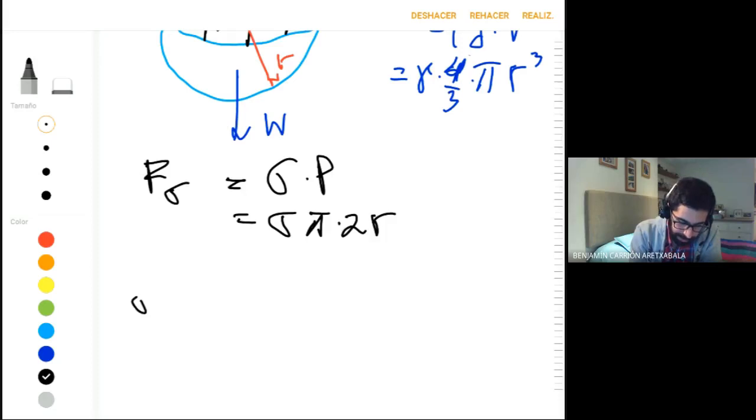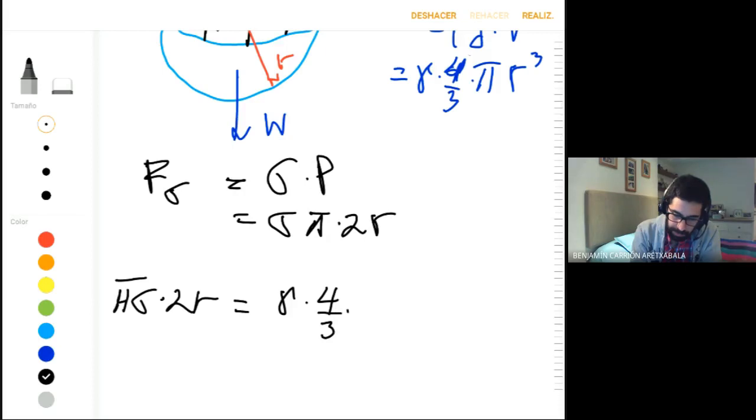So you see sigma is acting on the line. Sigma has units of Newton per distance, and we're multiplying this by one distance, which is the radius. So this is pi r, and this should be equal to gamma 4/3 pi r to the 3.